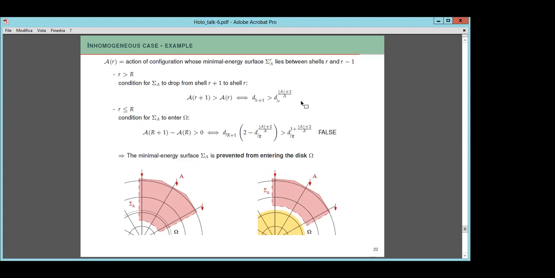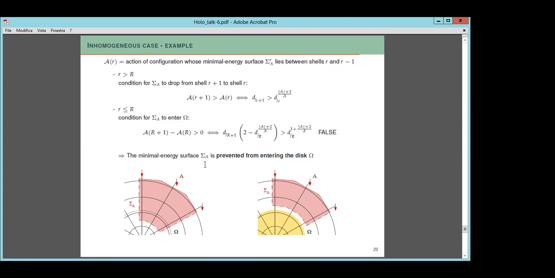And so what we can see here is that in the case in which there is no bulk entanglement, the condition for the domain wall to fall from a certain shell to the inner one can be easily satisfied, especially for a larger boundary portion.